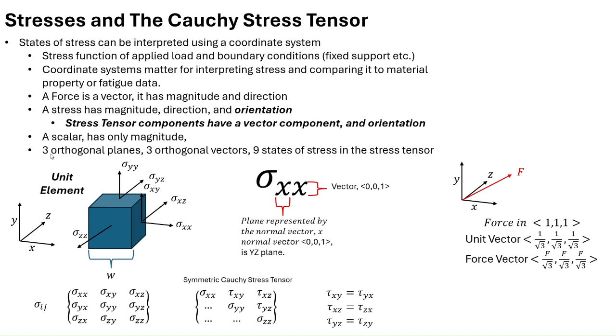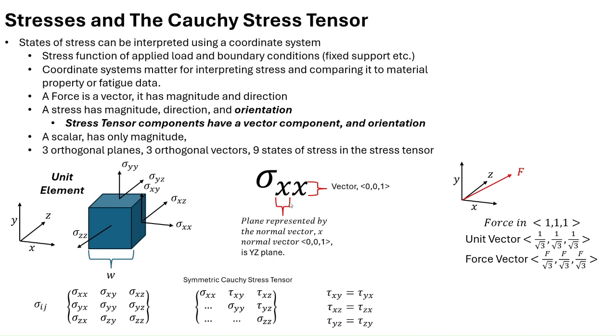So in a state of stress, there are three orthogonal planes and three orthogonal vectors. So there will be 9 components of stress in a stress tensor. And in the stress tensor, each component is typically defined by this sigma, and we call it, say, sigma xx.